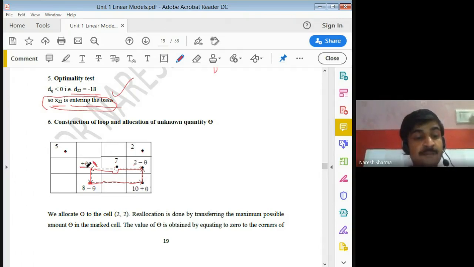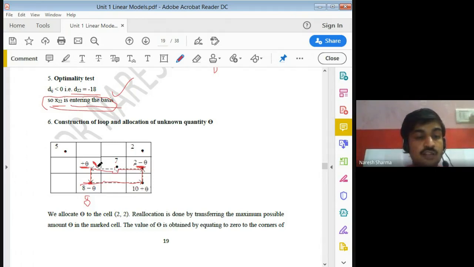To decrease, the MODI method algorithm says you add theta at this point, and at the adjacent corner you subtract theta, and likewise at the other corners. The subtraction is just to balance, so that 7 plus 2 minus theta plus theta is again 9. Similarly in this direction also, theta and minus theta cancel out and total units required is 8.